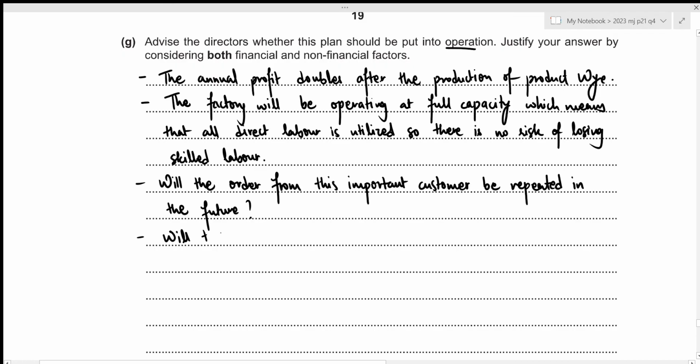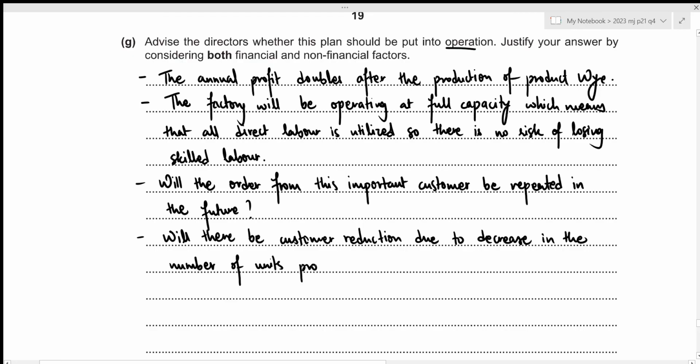Will there be customer reduction due to decrease in the number of units produced for product X?